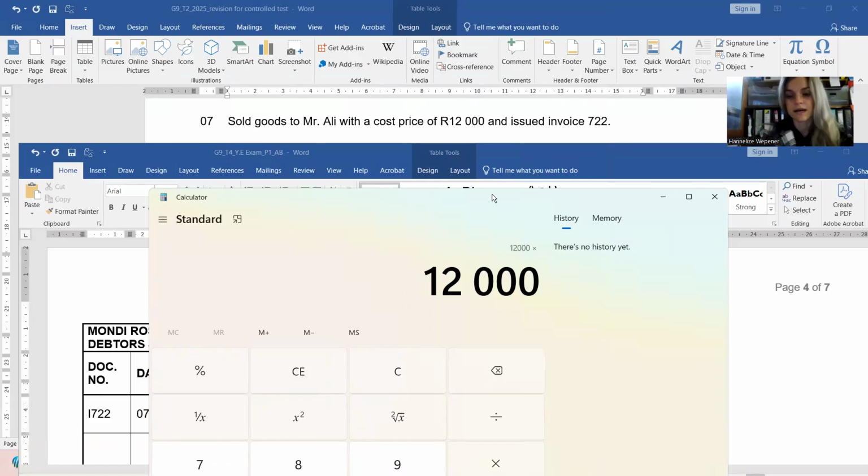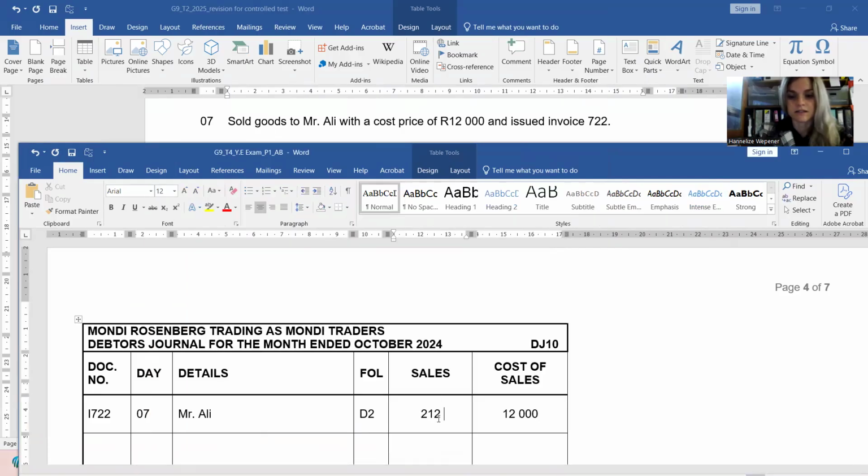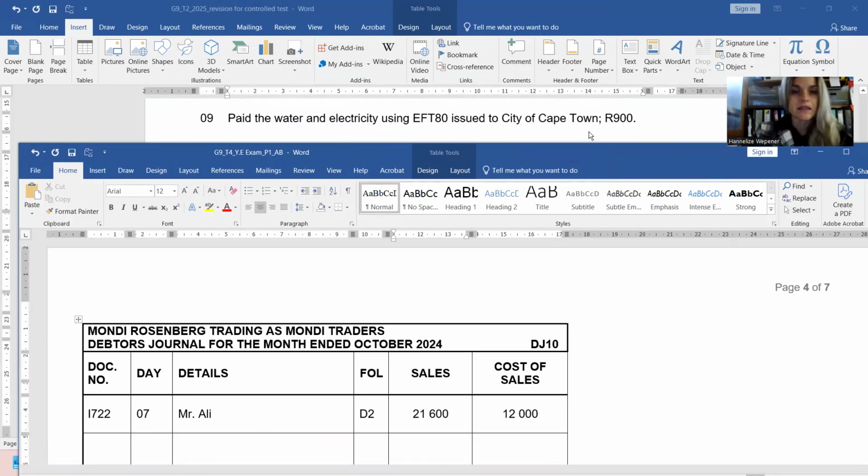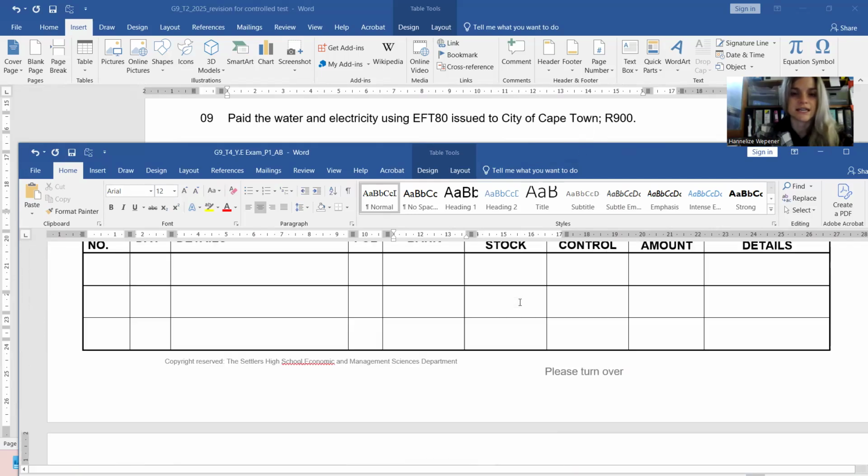So to get the selling price, it's cost times 100 plus markup divided by 100, because we are working with the cost. So 21,600. Just a reminder again, your sales cannot be less than your cost of sales. Then on the 9th, we paid the water and electricity using an EFT.